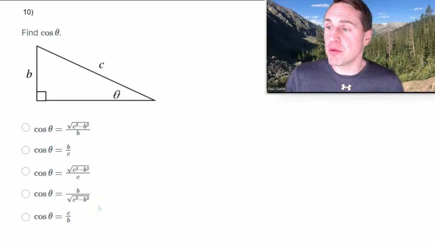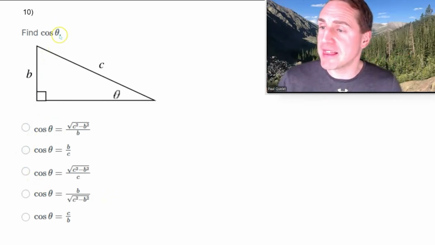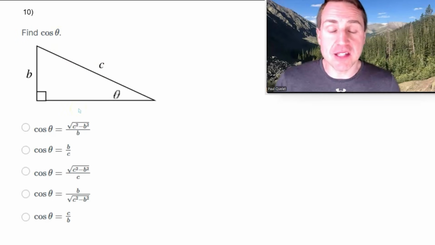So now for question number 10, it says find cosine theta. Well, cosine is going to be the adjacent over the hypotenuse, but the adjacent side is not found yet. So we can find the adjacent side from the Pythagorean theorem using hypotenuse squared minus one of the legs squared equals this side squared. So we can then take the square root.